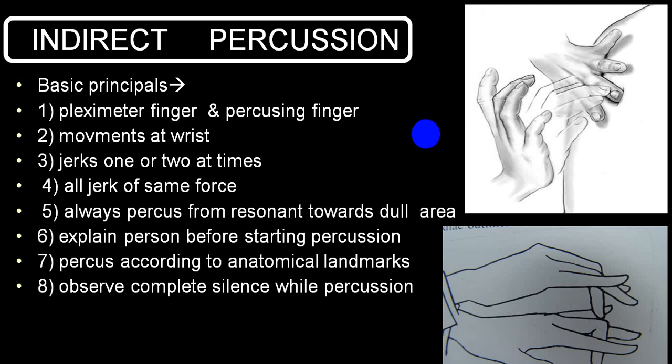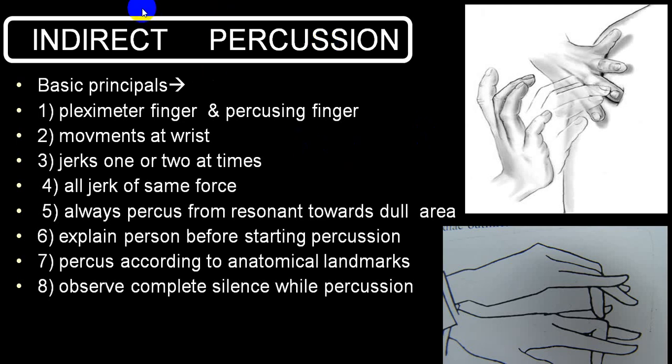You start percussing from the first intercostal space down, say on the right side, and you go from lateral to medial to identify the right border of the heart. And when you percuss on the left side, you go from lateral to medial, identifying the left border of the heart.